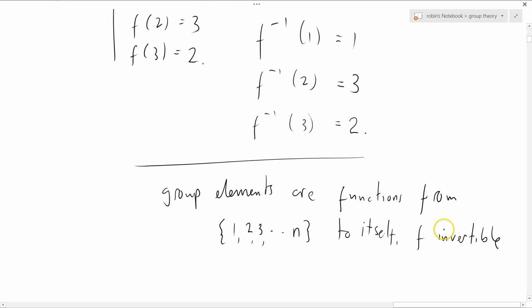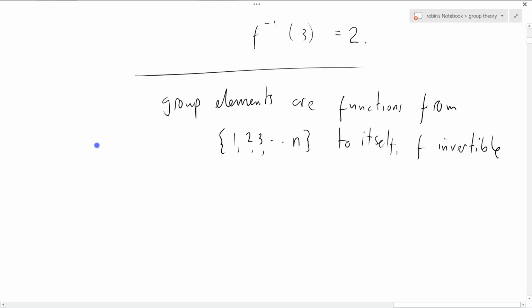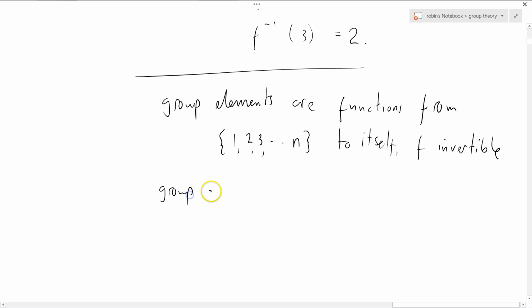So it's a bijection. So we had better check that this is a group. So the first thing to check, I guess, is it closed? Well, yes, it is, because, excuse me, I've got to define the group operation first.